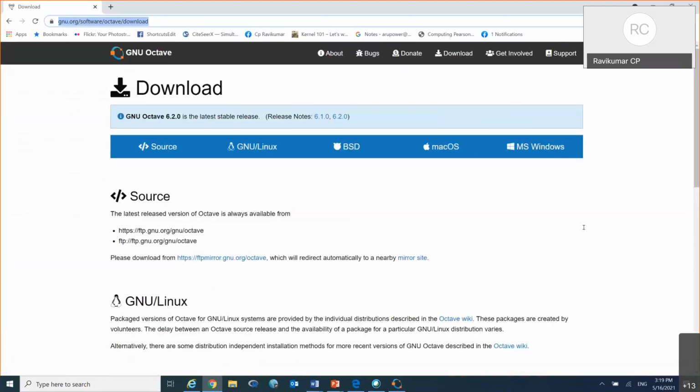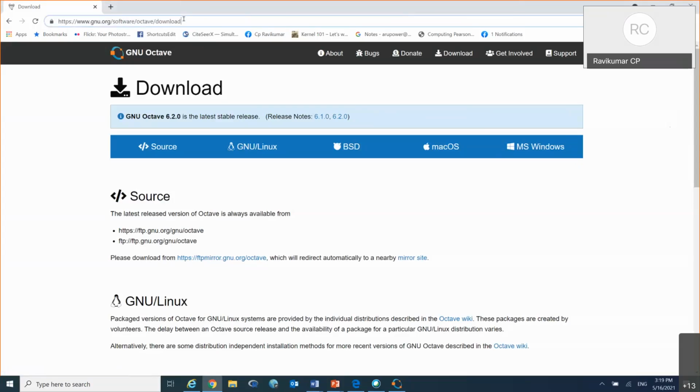Has anybody not done a course on digital logic before? Anybody who has not done? So can I assume that everybody has done digital logic design?